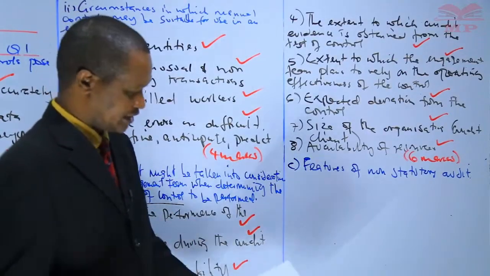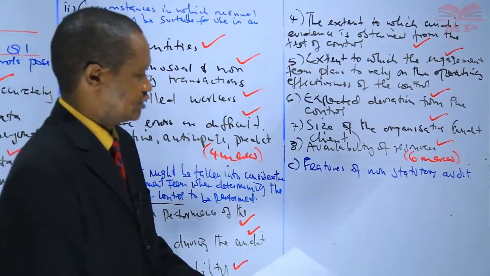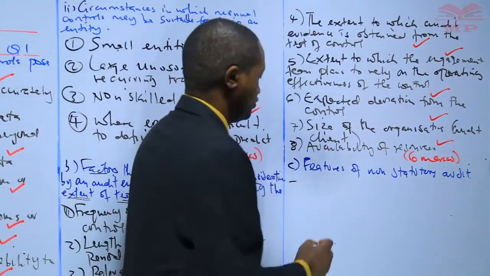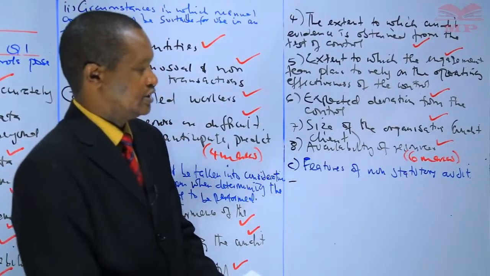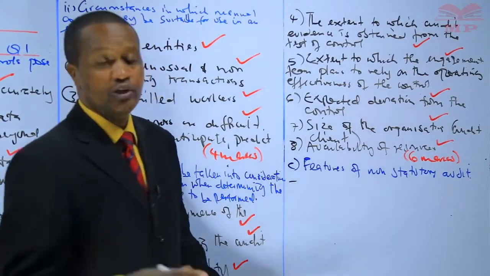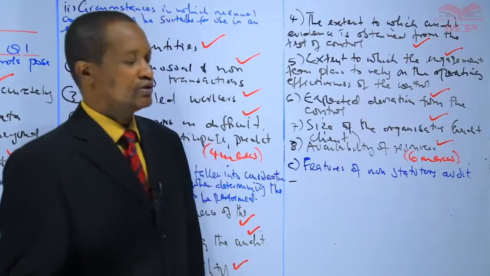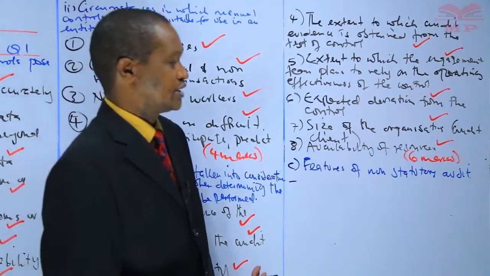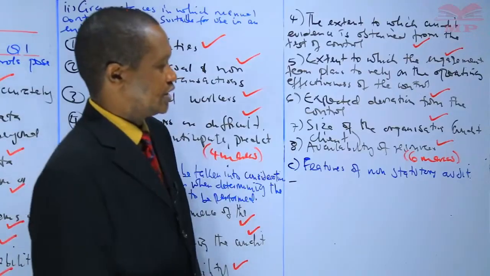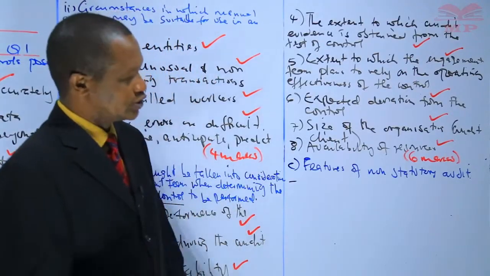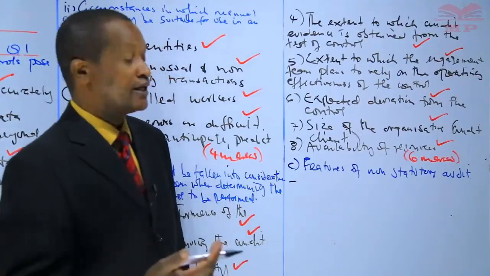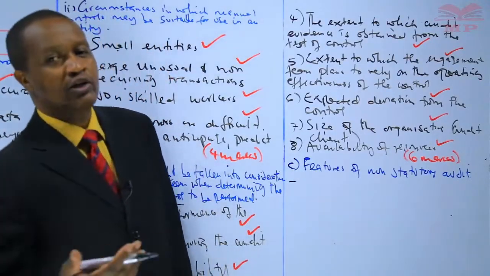We know that audit is not a legal requirement for all organizations. There are certain organizations that are not required by law to carry out financial audits. But the question now is, what are the features of non-statutory audit?